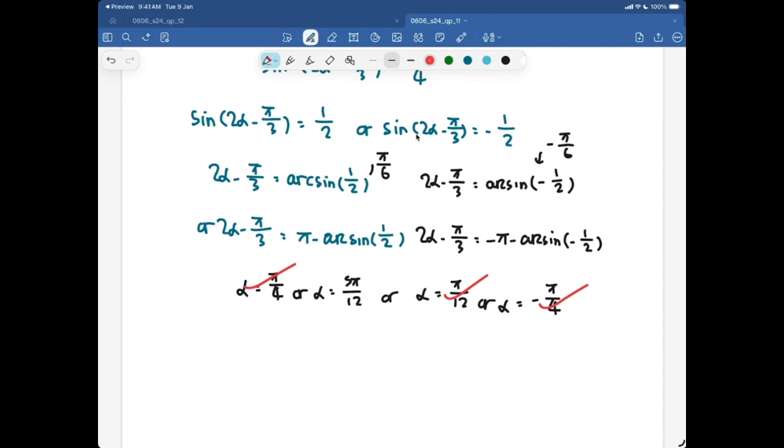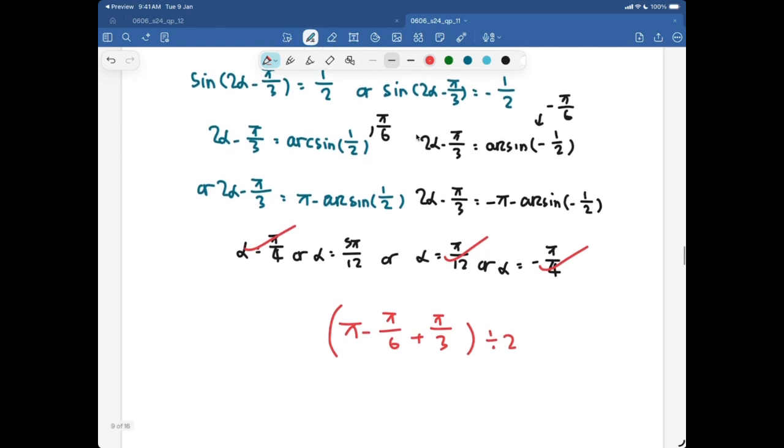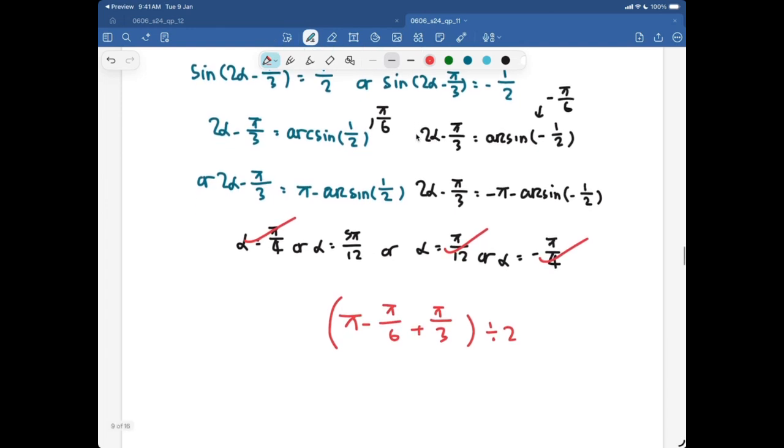Pi, so you have pi minus pi over 6 plus pi over 3 all divided by 2. Oh, that gives me 7 pi over 12. So this is wrong.